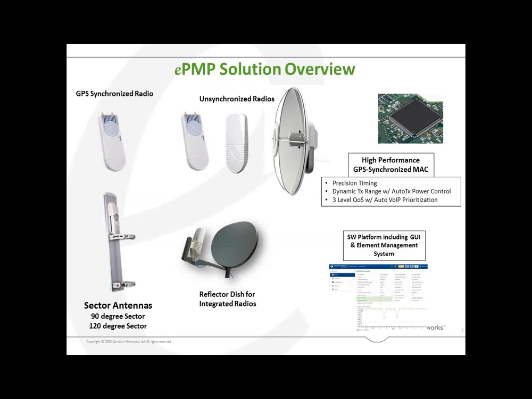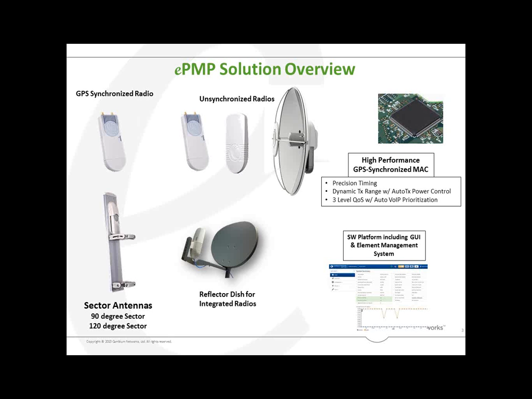The ePMP is a set of radios in both the 5 gigahertz and the 2.4 gigahertz bands. We have a GPS synchronized radio, which acts as the access point in a GPS synchronized point-to-multipoint solution. And then we have several unsynchronized radios, which can either be clients to an access point or can be point-to-point radios.